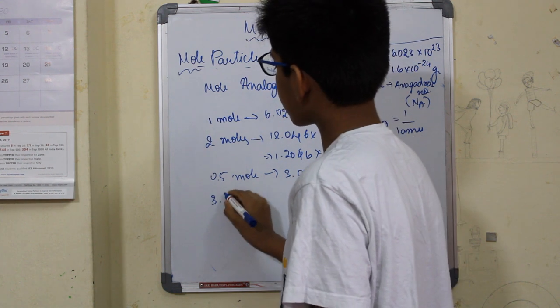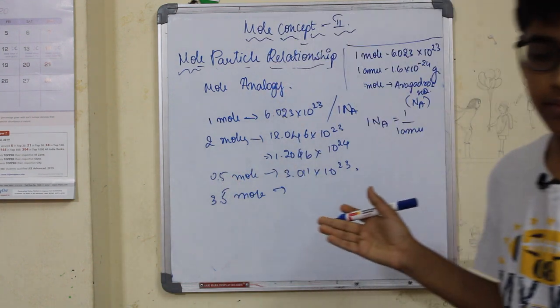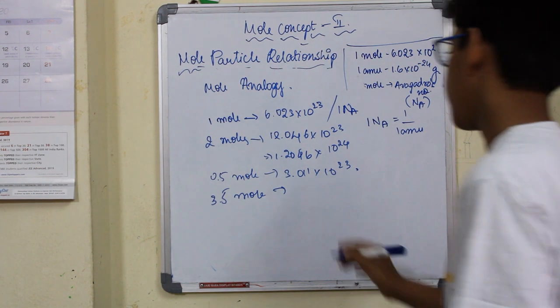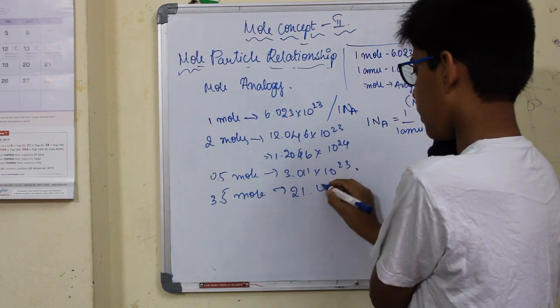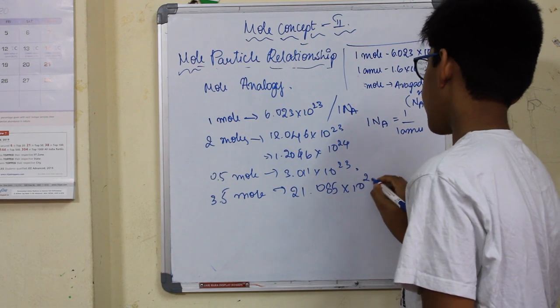If I say 3.5 mole, calculate what is 3.5 mole here. Just calculate that. So 3.5 moles are approximately 21.085 into 10 to the power 23.